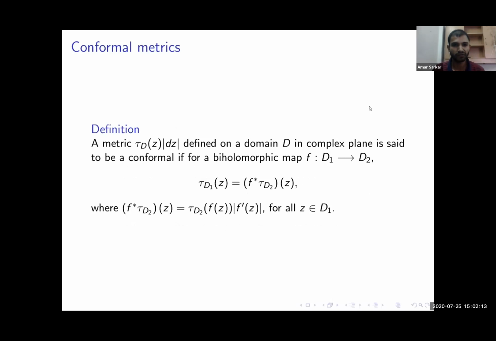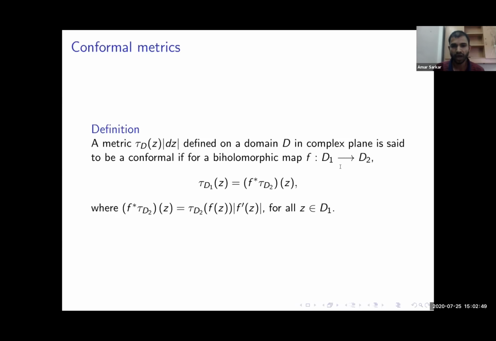Let's begin with the definition of conformal metrics. On domains in the complex plane, a general metric is denoted by tau_D(z)|dz|. Here tau_D denotes the density of this metric, and it is just a positive valued function on the given domain D. We say this collection of metrics is conformal if it satisfies the pullback property.